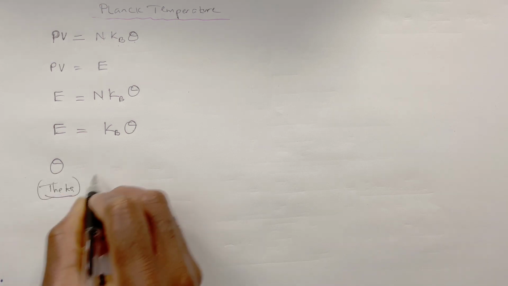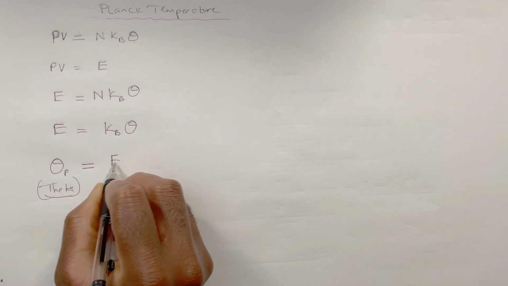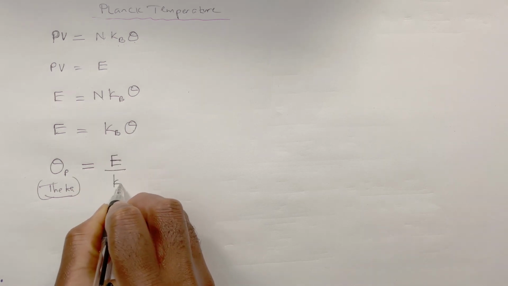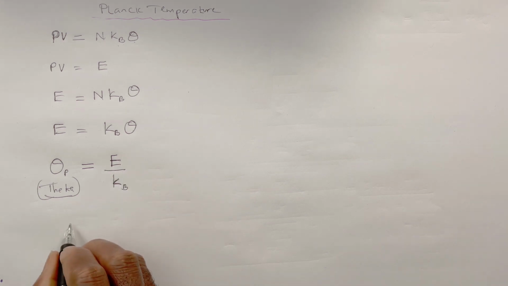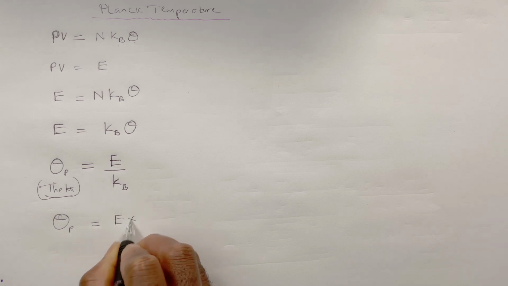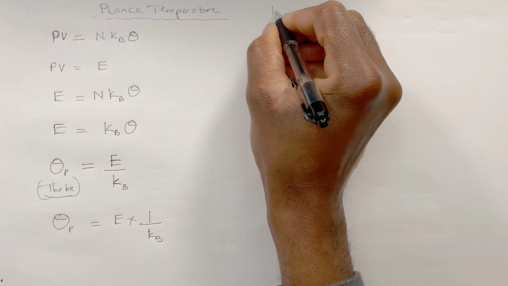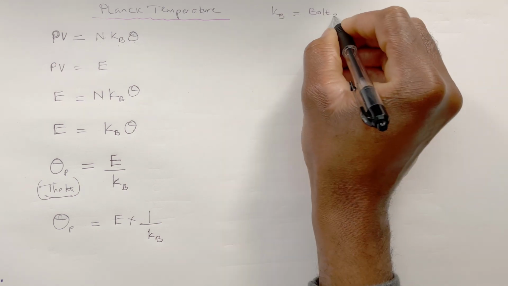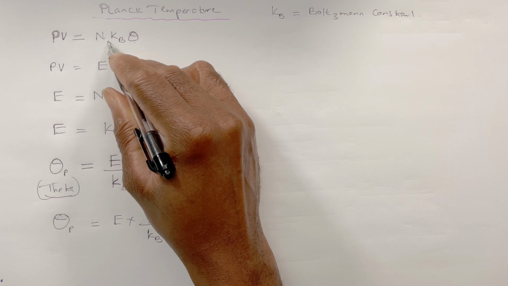And this is Planck temperature, which is the energy over the Boltzmann constant. And so I can rewrite this by saying that the Planck temperature is E times 1 over Boltzmann constant, where kB is the Boltzmann constant.